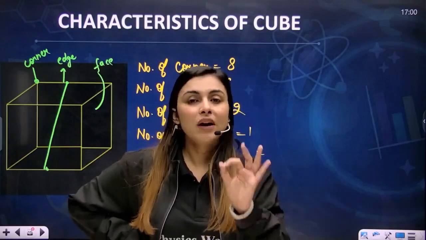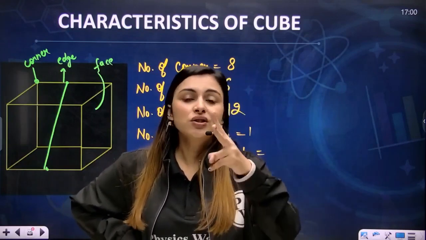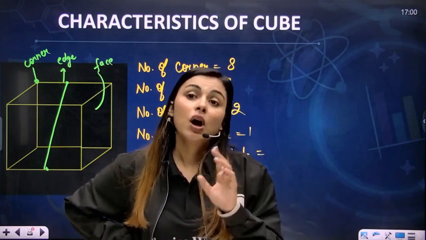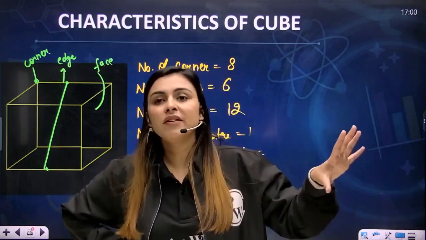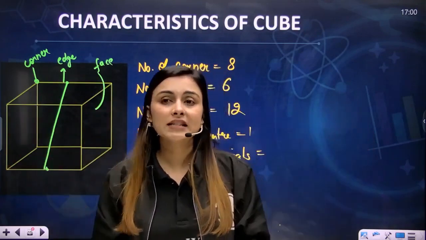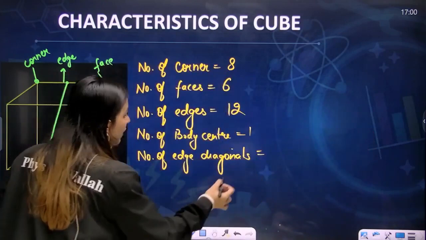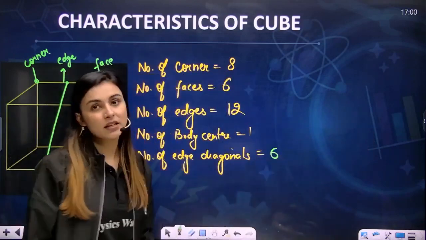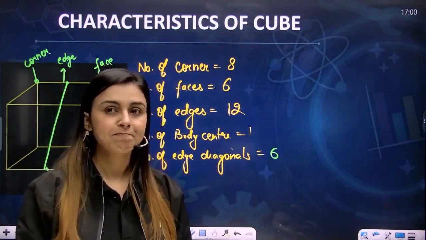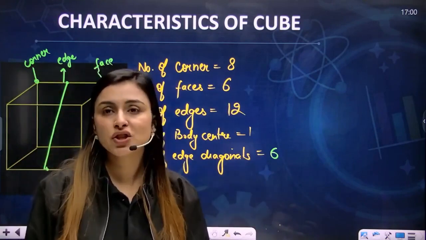You know that you have 12 edges and 2 edges together combine and give you one diagonal. So if you have 12 edges and 2 give you one edge diagonal, then you have 6 edge diagonals. This is something which you need to understand.